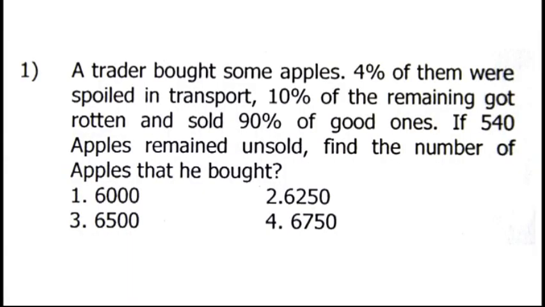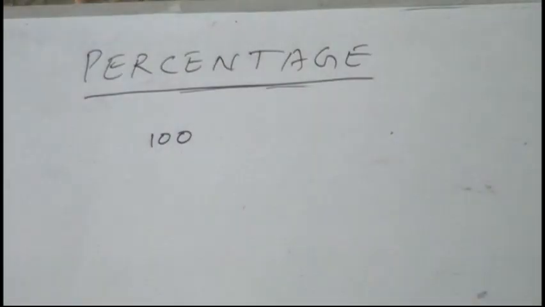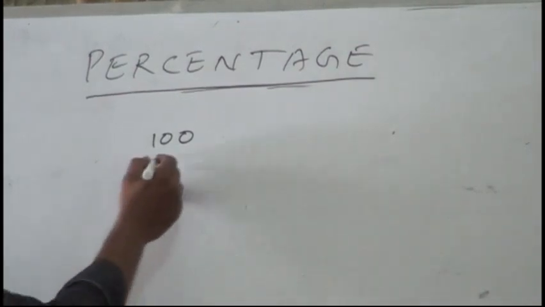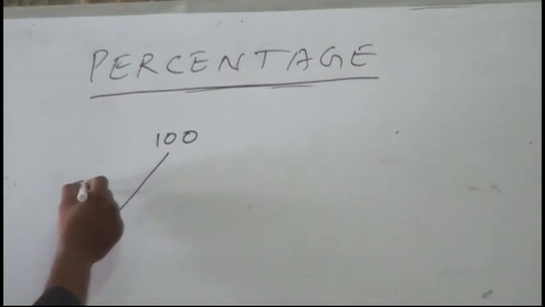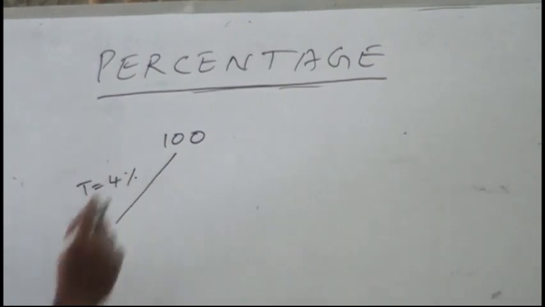Total number of apples he bought is 100. That's my assumption. I am assuming total number of apples he bought is 100. Good. What happened here? 4% of the apples are spoiled in transport. So transport 4%.